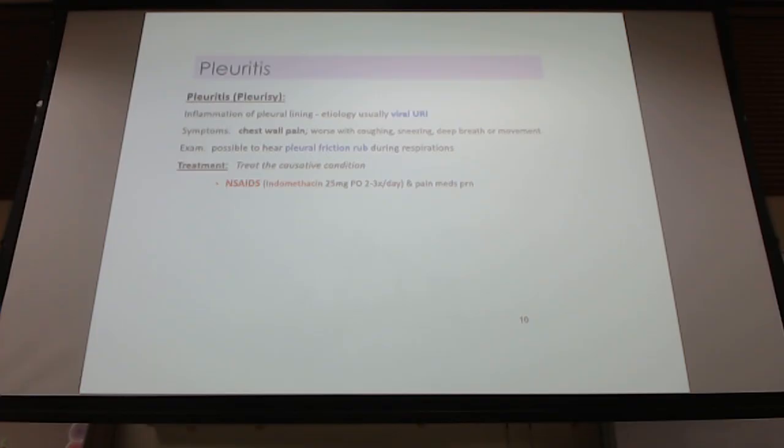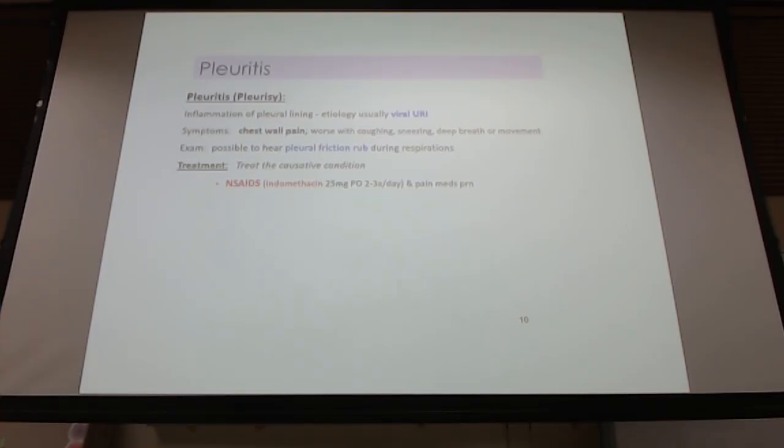All right, pleuritis. So now we're kind of out of the lungs. We're getting into the pleura. Pleuritis is inflammation of the pleura. It's most closely associated with having a cold or a virus. It's inspiratory chest pain. That means right up here when they're fully inhaled, right? That lung approximates to that inflamed pleura in the chest wall, and it hurts. And that's when they have pain. That's the timing.